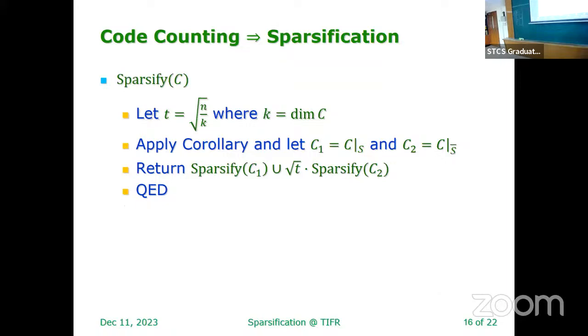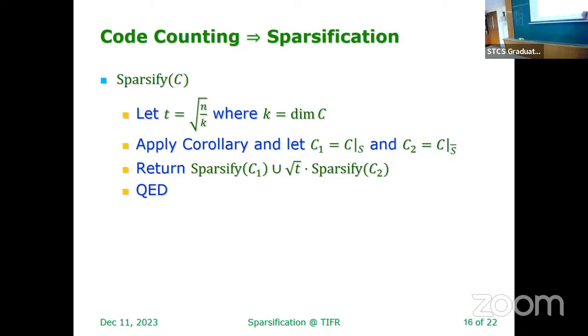And once we have this code counting bound, the sparsification works pretty much exactly the same way as it did in the Karger and Benczur-Karger case. In fact, with our simplified proof, it works kind of seamlessly because there are no graph theoretic notions like the strength of an edge or a vertex coming up over here.